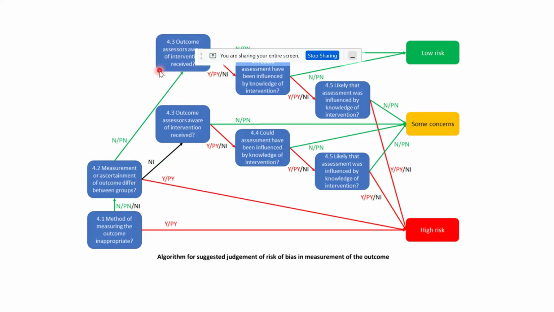4.3 is: were the outcome assessors aware of the intervention received? Now you need to ask, who is the outcome assessor in this case? For instance, if the outcome is patient reported symptoms, such as pain, then the outcome assessor is the patient.